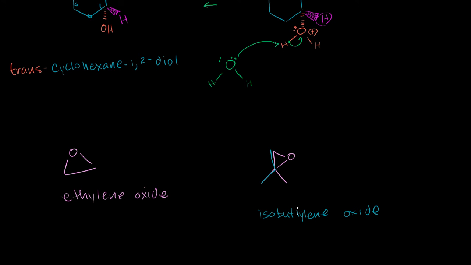Now let's think about the different reactions that might occur if we have a nucleophile in either situation. Over here, for the ethylene oxide, either of these carbons are primary carbons. If you have a carbon right here, let me draw all of its bonds. It's bonded to one other carbon, a hydrogen and another hydrogen.